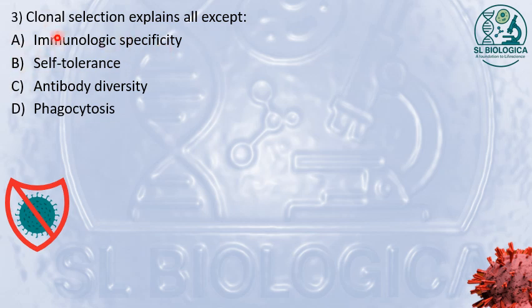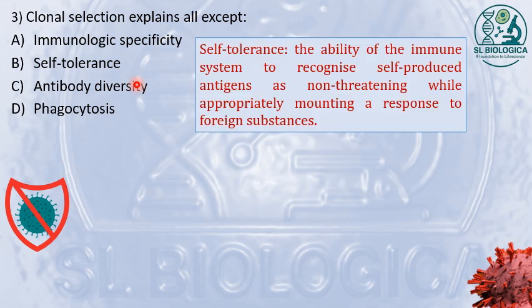And self-tolerance. What is actually self-tolerance? Self-tolerance is the ability of the immune system to recognize self-produced antigens as non-threatening while appropriately mounting a response to foreign substances. We have discussed clonal selection as well as clonal deletion in the previous slide. So self-tolerance is all related to clonal deletion.